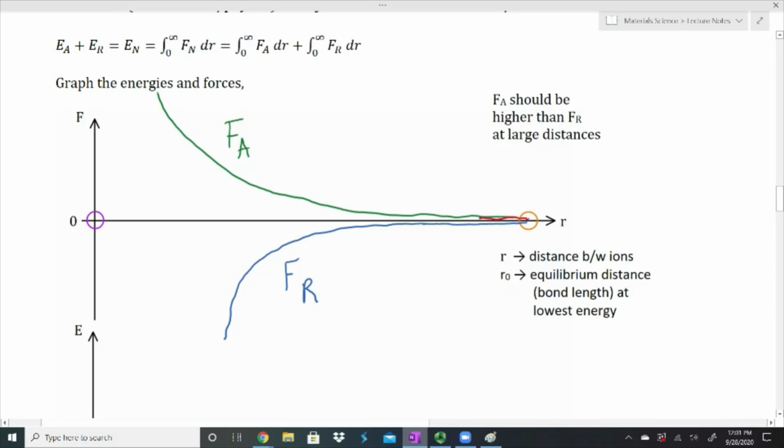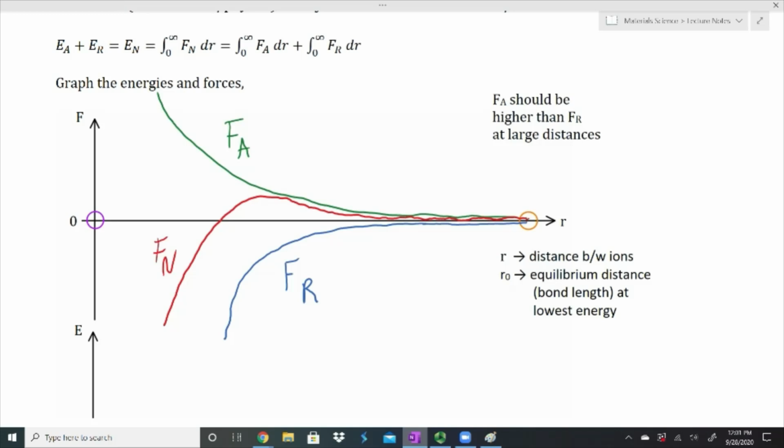It's going to be in between, but slightly positive. Something maybe along these lines here. All right, so I have our net force.